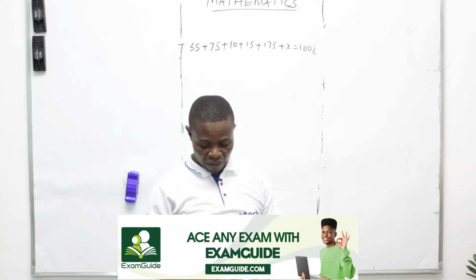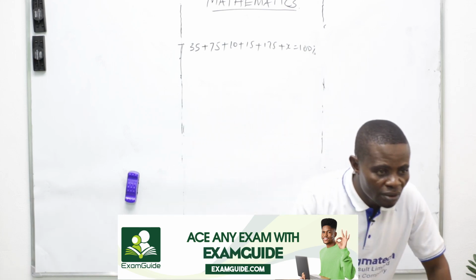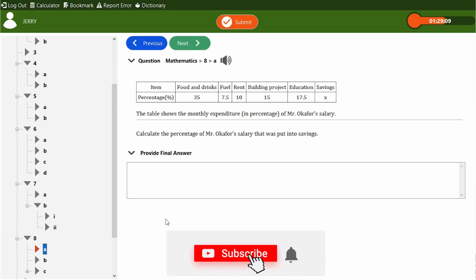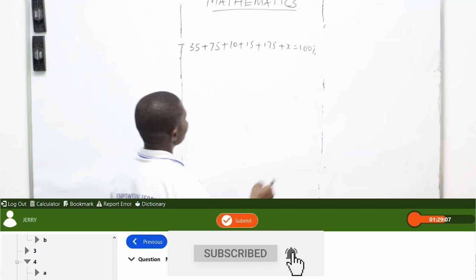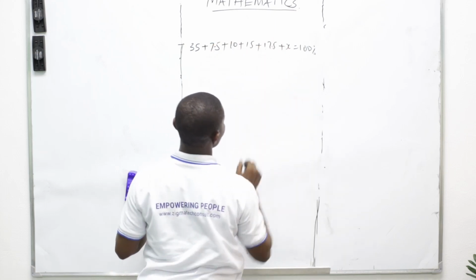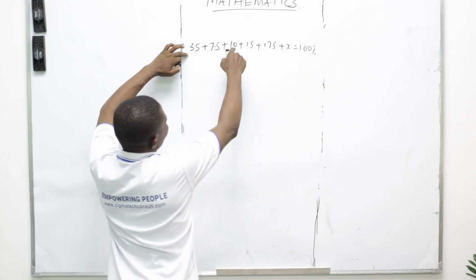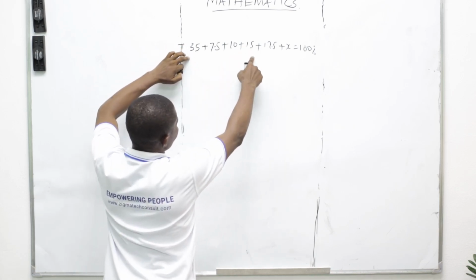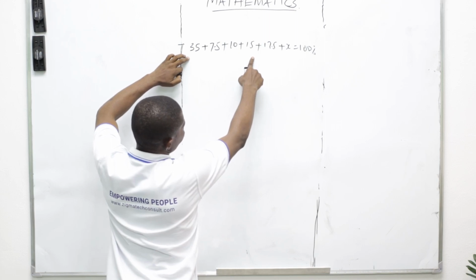Let's check these things. This is 7.5, while this is 17.5. Now, 35 plus 10 is 45. Plus this 15 is 60.